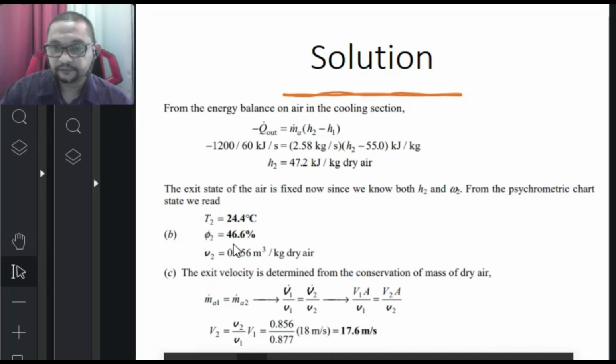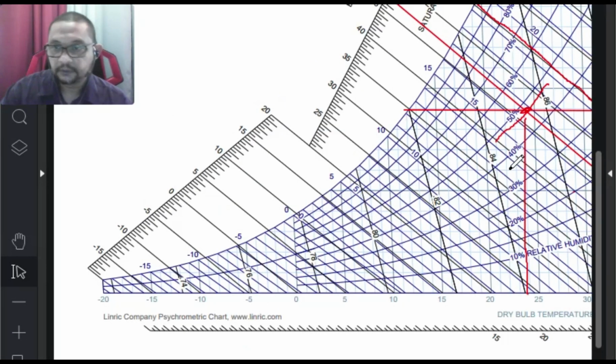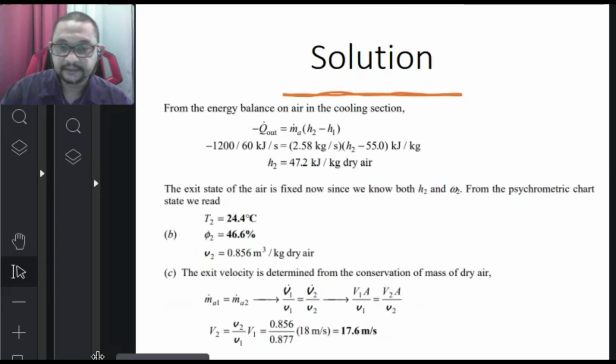Let's look again at the chart: 40, 45, 46. Okay, 46 or 47 percent. That is phi at state 2.